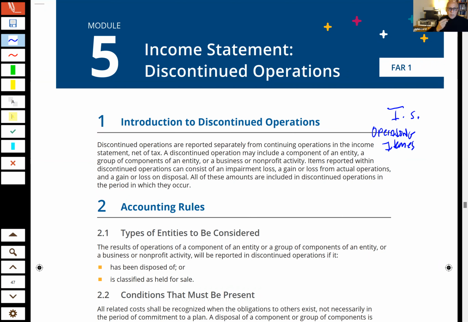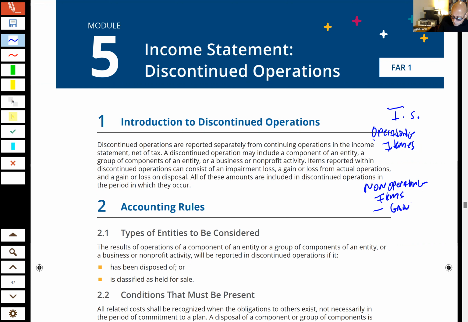In the multiple step, we saw revenue minus cost of goods sold gave us gross profit, gross margin, whatever. So we had operating items. Then we had non-operating items. Examples of non-operating items were what?